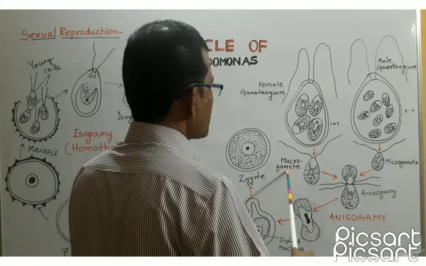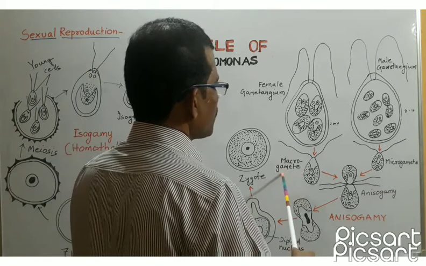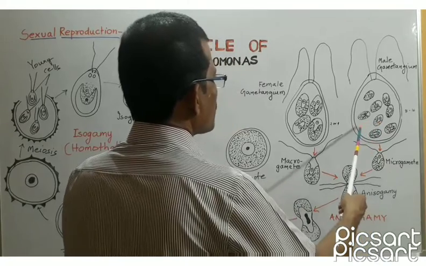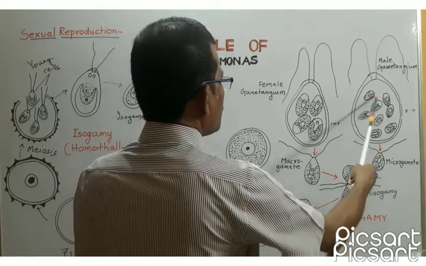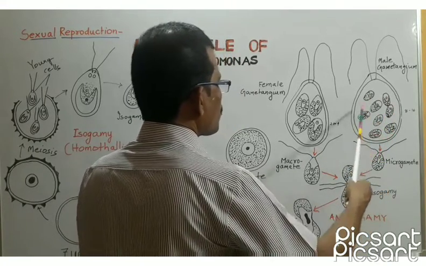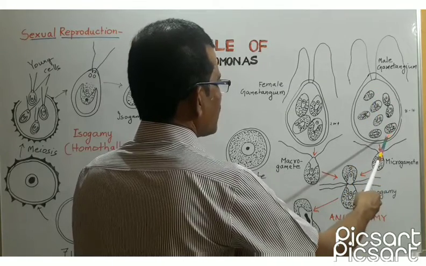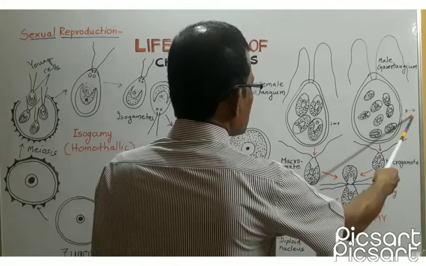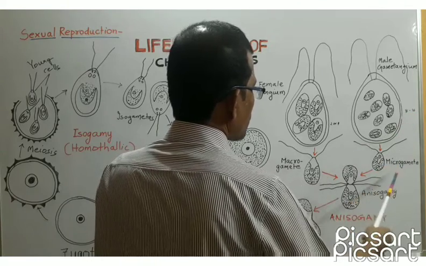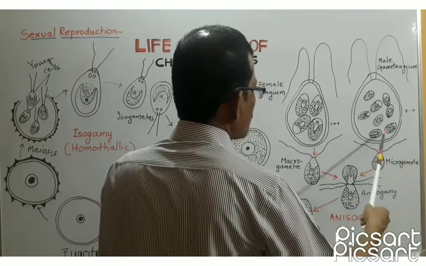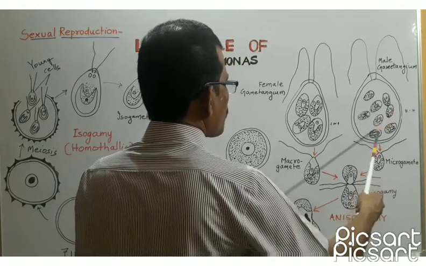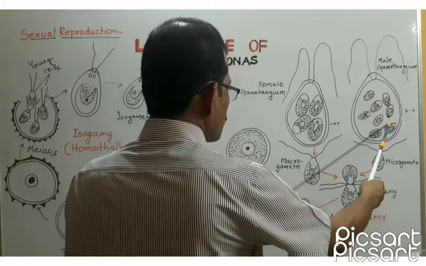The macrogametes are also called as female gametes, whereas the microgametes are formed due to the repeated division of the protoplast of the parent cell that leads to the formation of 8 to 16 microgametes. So the microgametes are formed due to higher number of division of the protoplast of the parent cell.